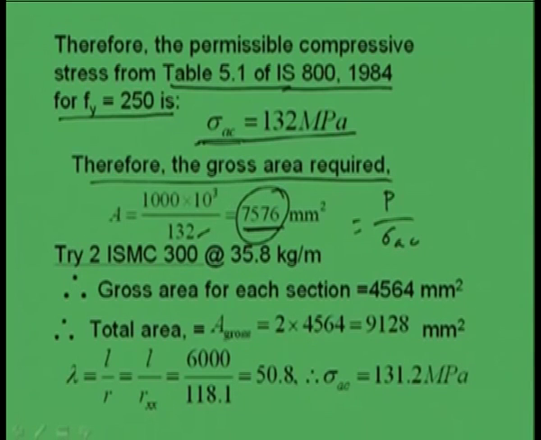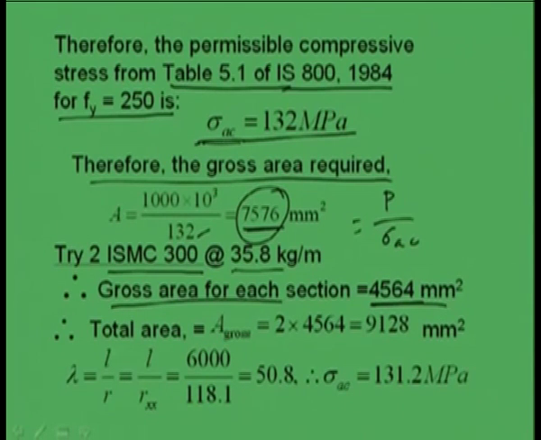If we use say ISMC 300 with a weight of 35.8 kg per meter, then the gross area of each section is 4564 millimeter square.